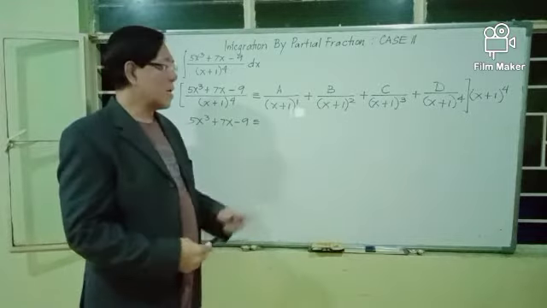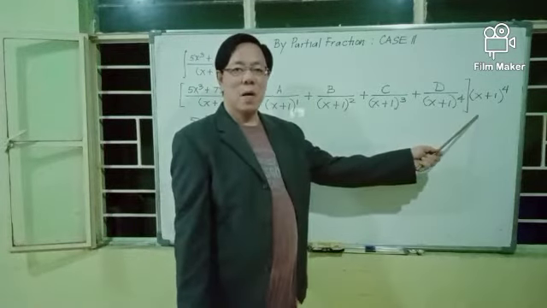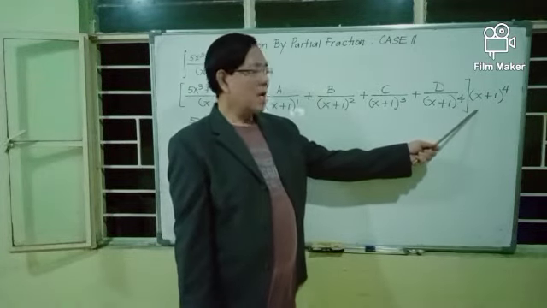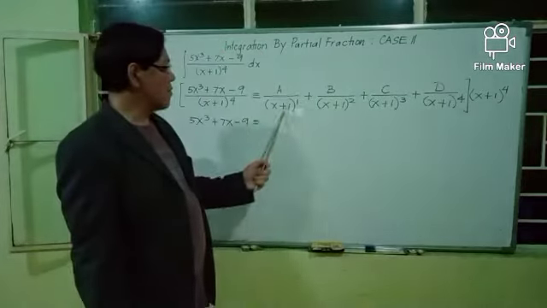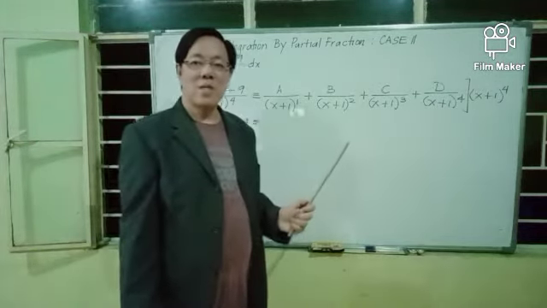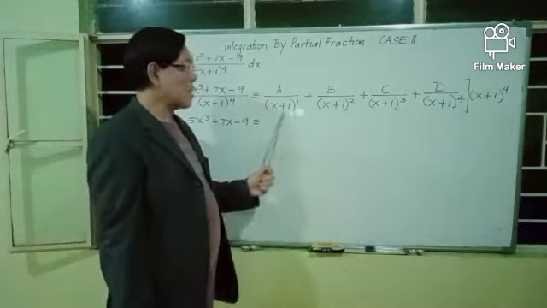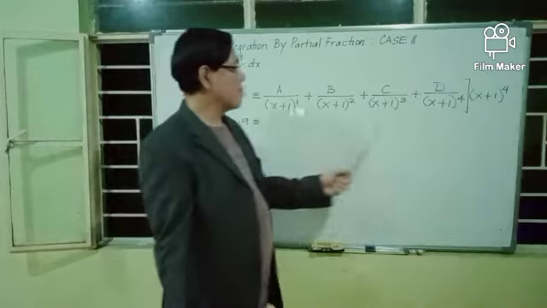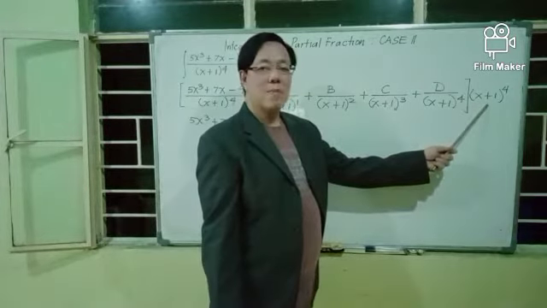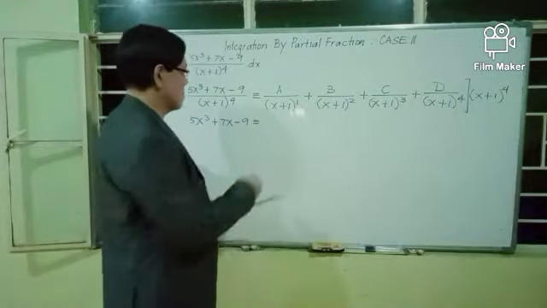We also multiply each term of the right-hand side by x plus 1 to the power 4. For the first term, applying the property of exponents, we will get A multiplied by x plus 1 to the power 4 minus 1, which is 3.